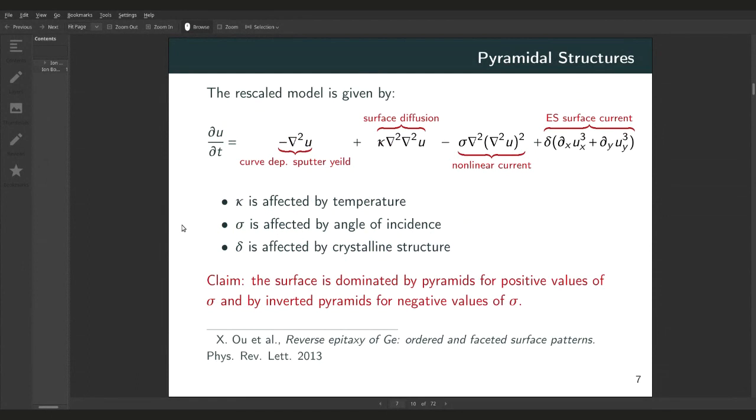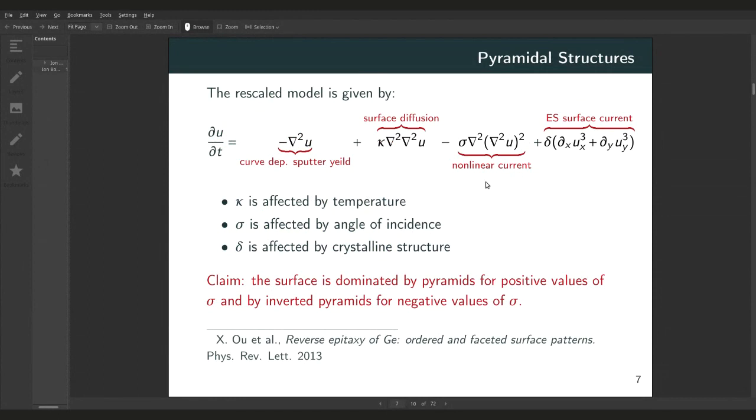Sigma is affected by the angle of incidence, so that's the angle that the ions are hitting the surface. This can be anywhere from normal, so that's at a 90-degree angle, but the angle can widely vary, and that affects the pattern. And delta is affected by the crystalline structure, so this is really driven, in this case, by the material that we're using.